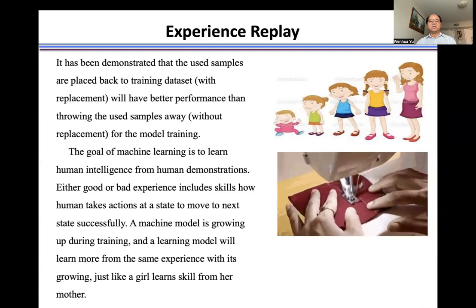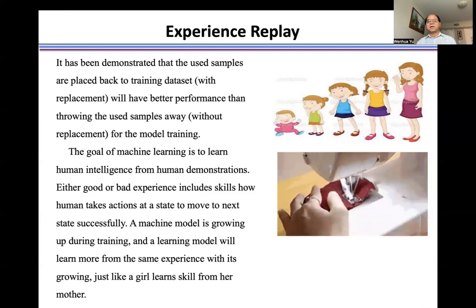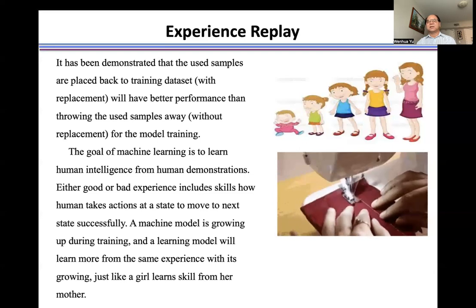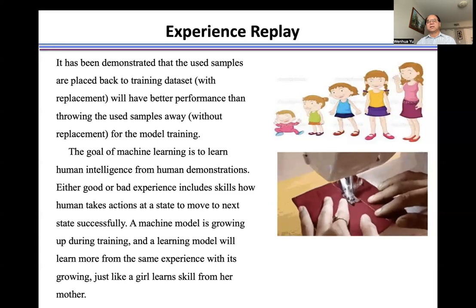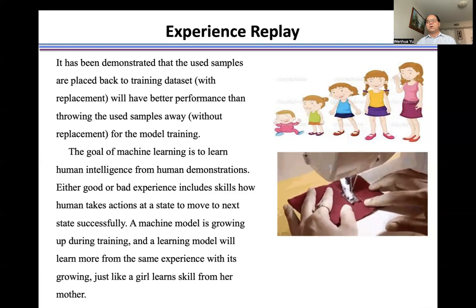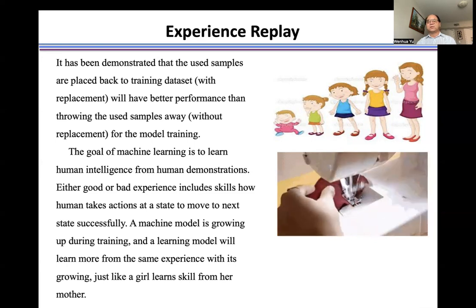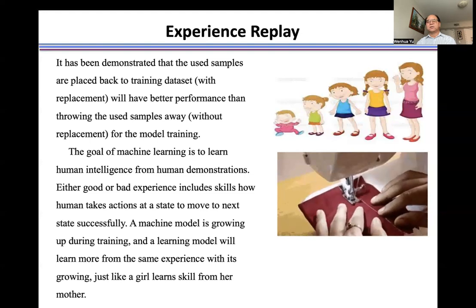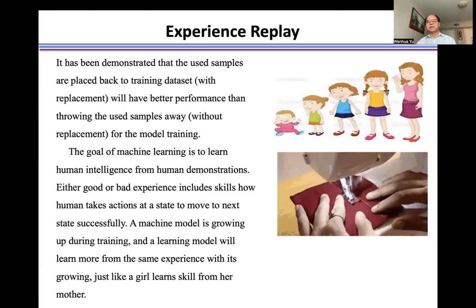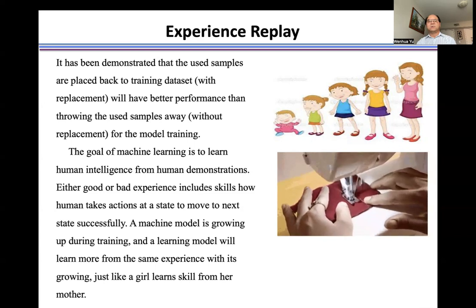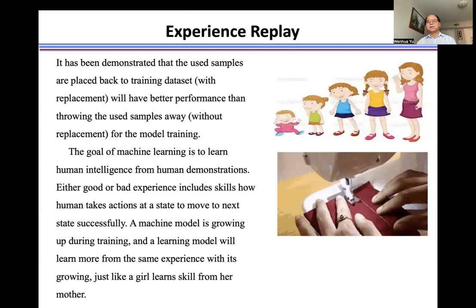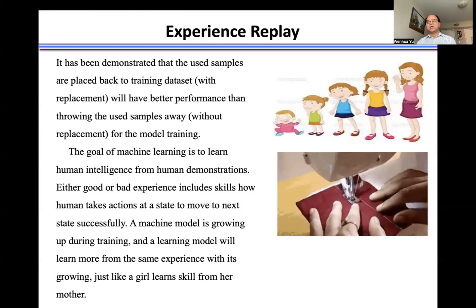One is that after we use the samples, we put them back to the data set. That's called with replacement. Or we use the samples and throw them away, never putting them back. The experiments tell us that with replacement gives better training performance.